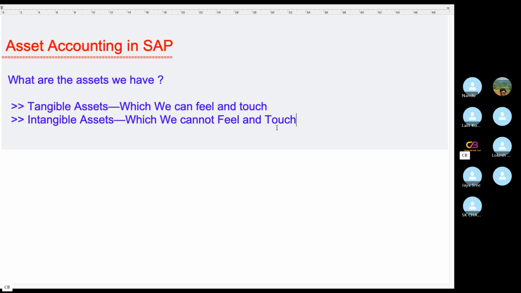Okay. So here in asset accounting, particularly we will deal with these areas in SAP.